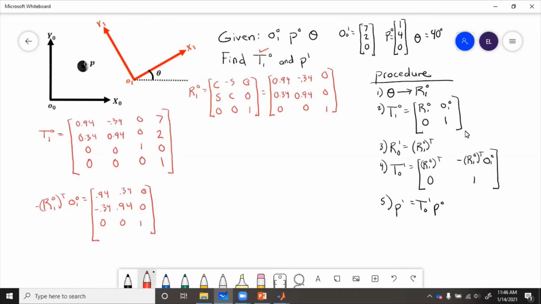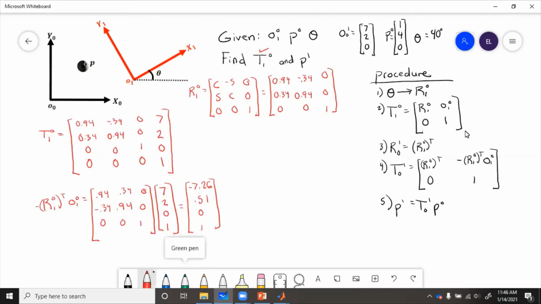This is the trickiest part. And then multiply that by the origin, 7, 2, 0, 1. So that equals negative 7.26, 0.51, 0, 1. Okay, so this is what goes right here in this spot.